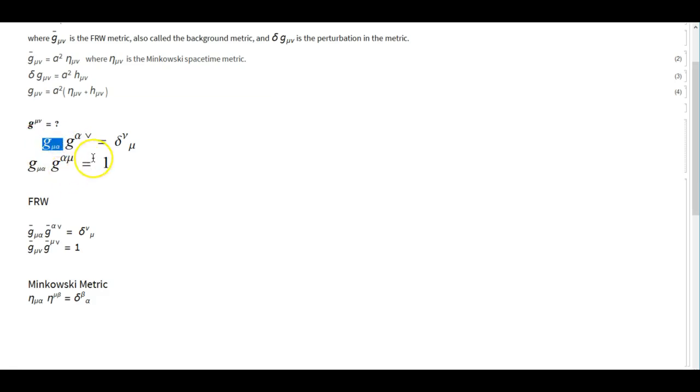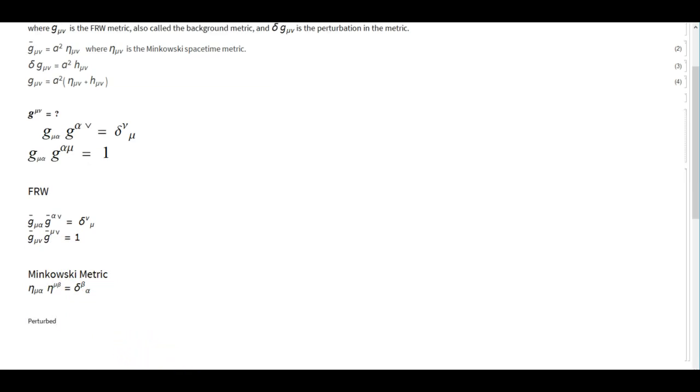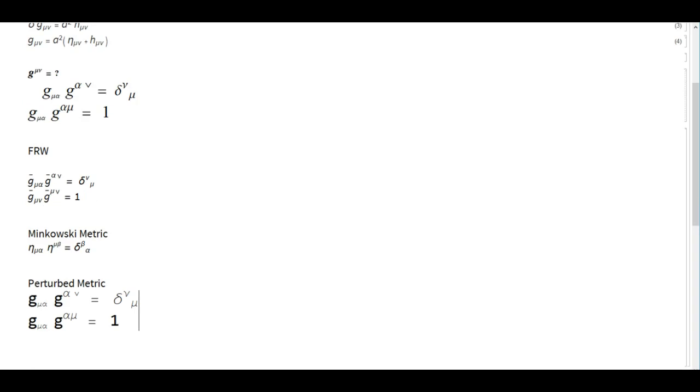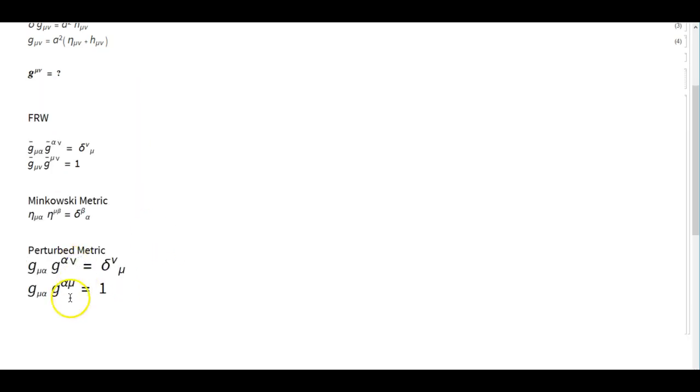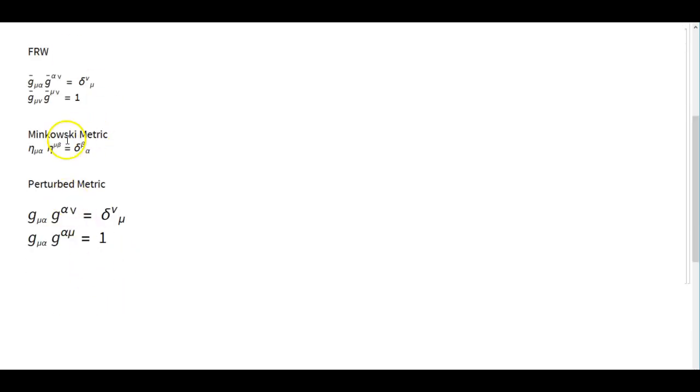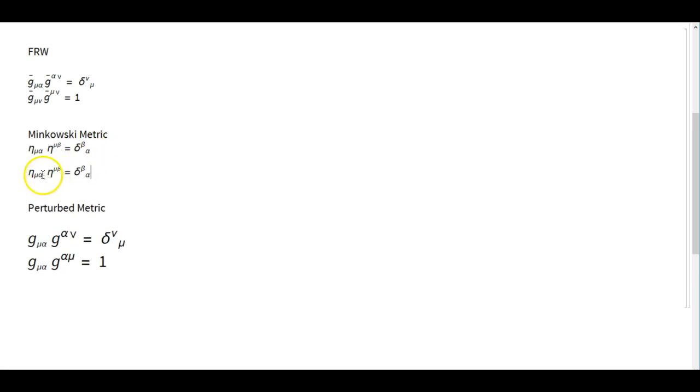So g mu nu in the perturbed metric will also obey the same relationship, and this is equal to 1.